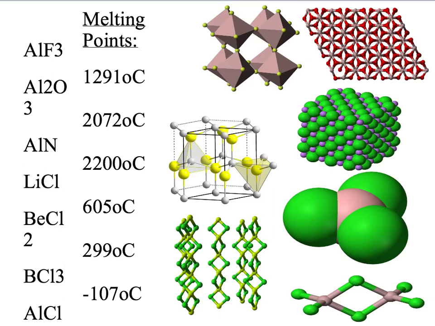The format got a little distorted as I converted from OpenOffice over to an Office document, but right here I have AlF3, and this is the crystal lattice structure of aluminum fluoride. You see that it has a decently high melting point of about 1200 degrees Celsius. As I go from aluminum fluoride to aluminum oxide, you see a big jump in the melting point, from 1200 up to 2000 degrees.